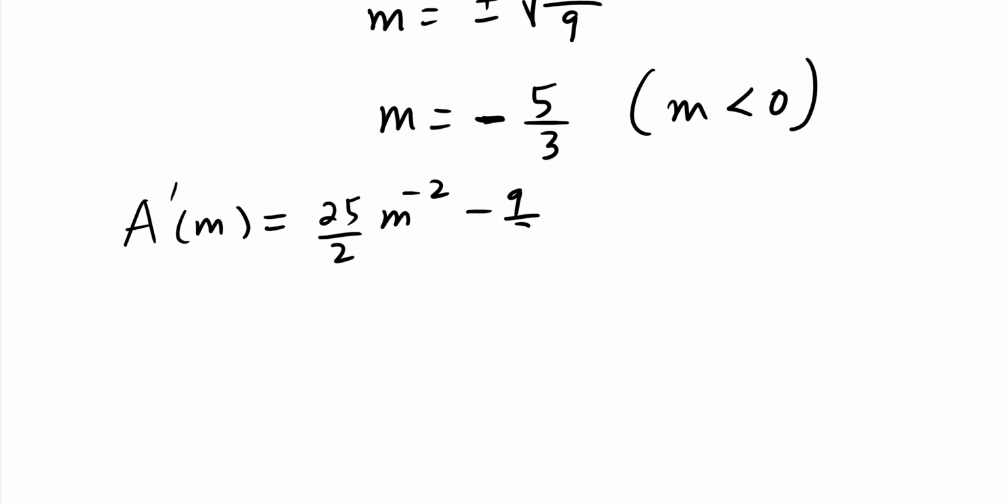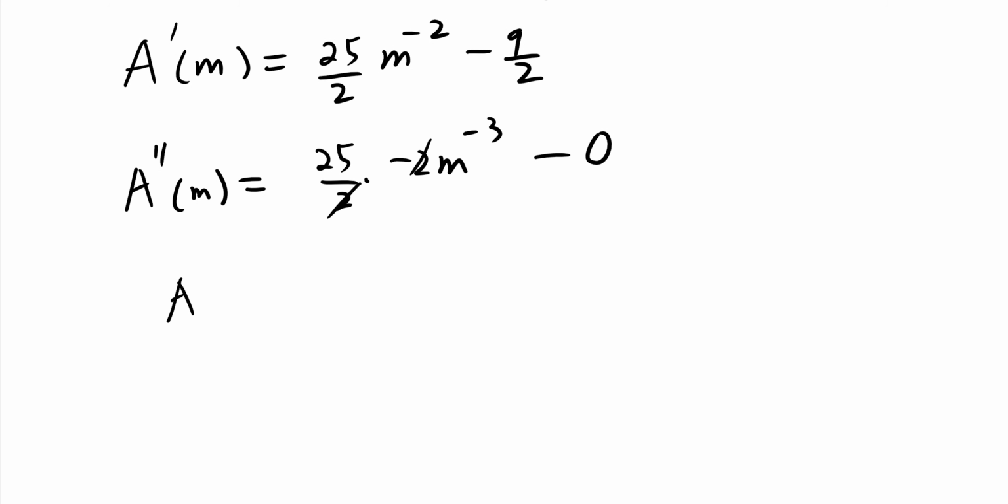So I'm going to do the second derivative test, a double prime of m. A double prime of m is 25 over 2 times negative 2m to the negative 3 minus 0. So the 2's cancel out, so a double prime of m equals negative 25, bring the m cubed down.